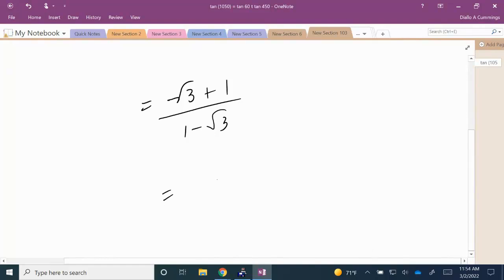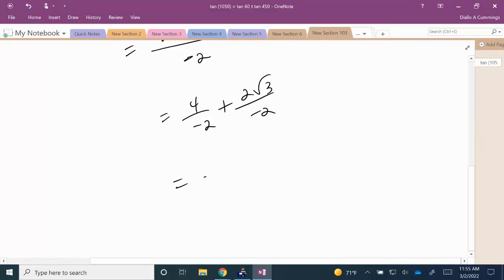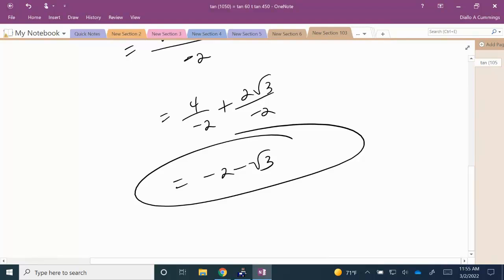In the top we had 4 plus 2 square root of 3. In the bottom we had 1 minus 3, which is negative 2. And then we have 4 divided by negative 2 plus 2 square root of 3 divided by negative 2. I believe we should have negative 2 minus the square root of 3.